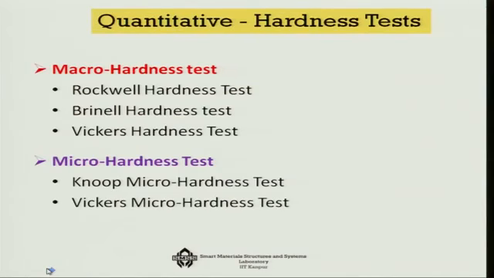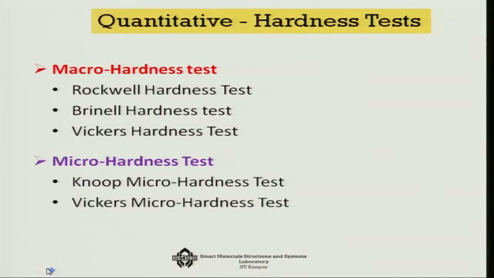At a later stage, quantitative hardness tests started to evolve, and there are basically two classifications of them. One is called the macro hardness test, where, as I told you, not much sample preparation is needed, and the other group is called the micro hardness test.